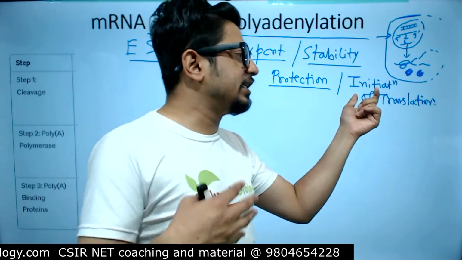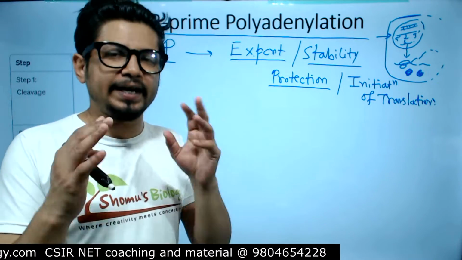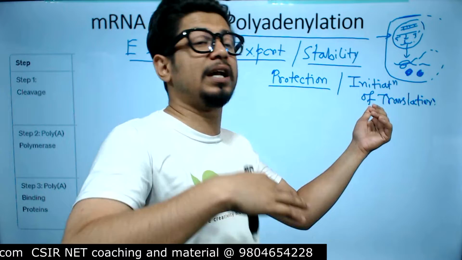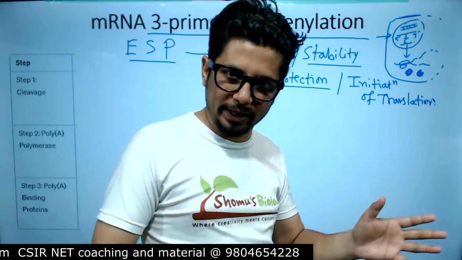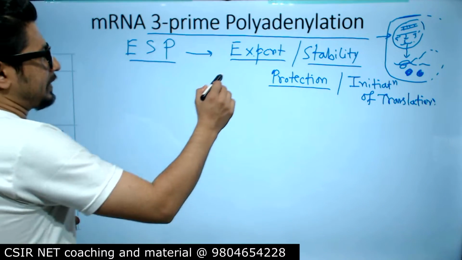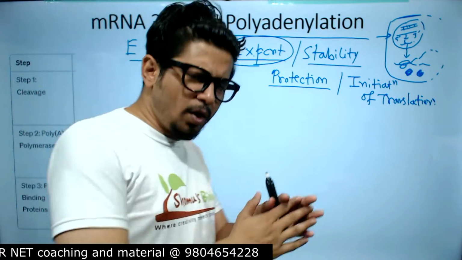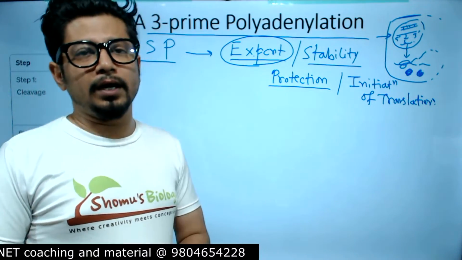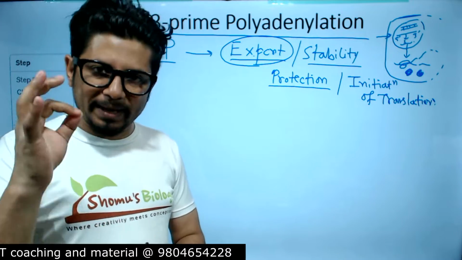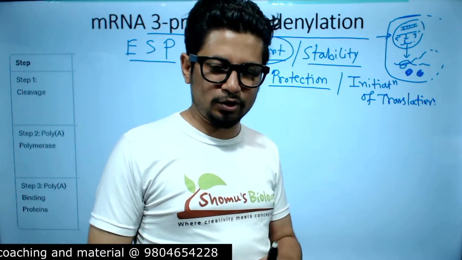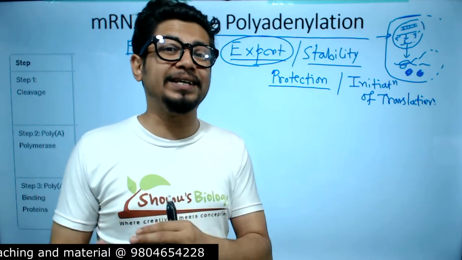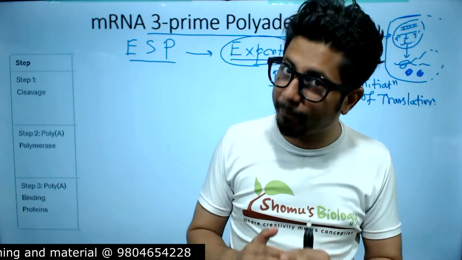It also helps in the initiation of translation in the cytosol of eukaryotic cells, and it helps in exporting mRNA to the cytosol. All these four important major functions are played by the 3' polyadenylation. So now you see why 3' polyadenylation is very, very important.